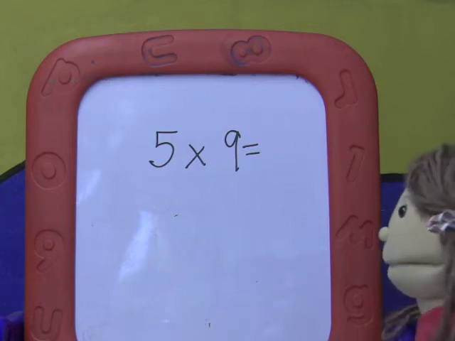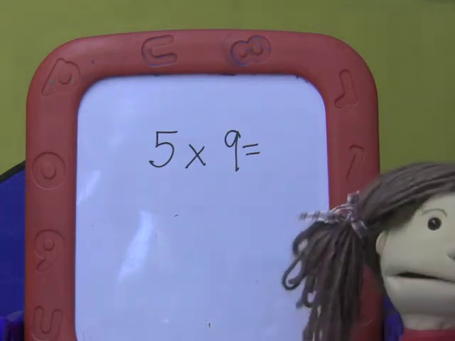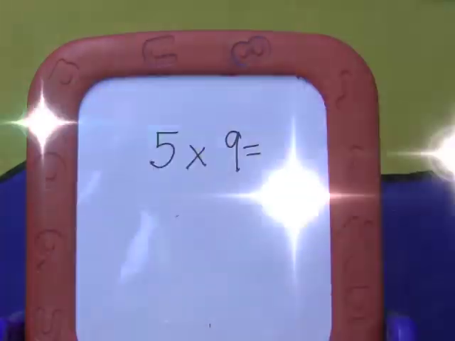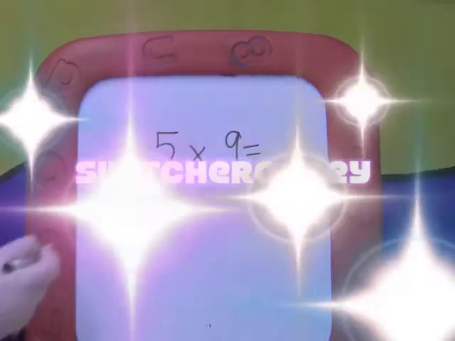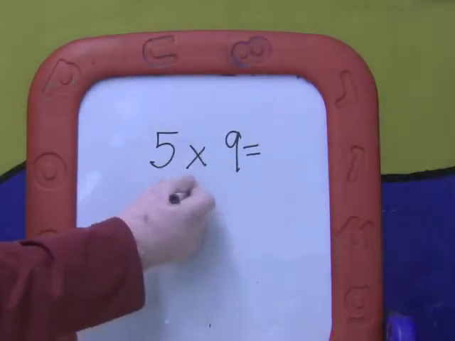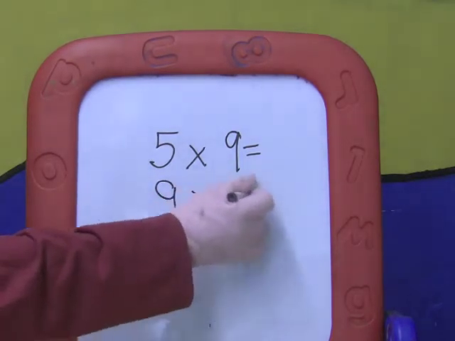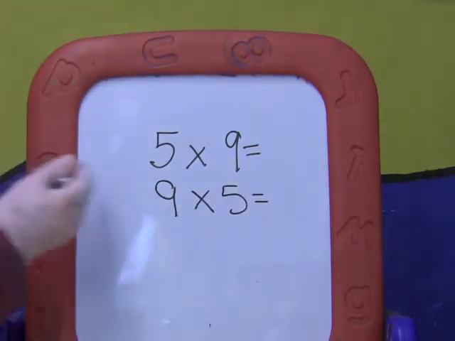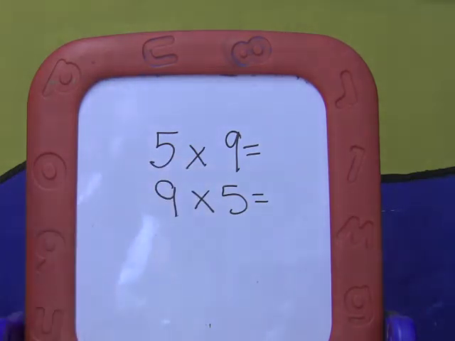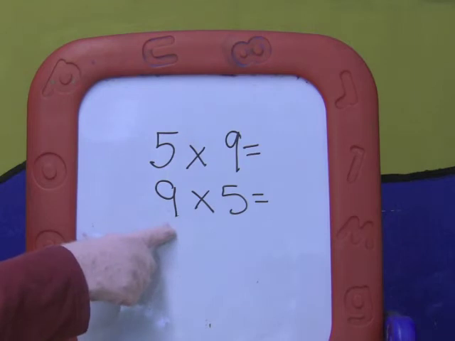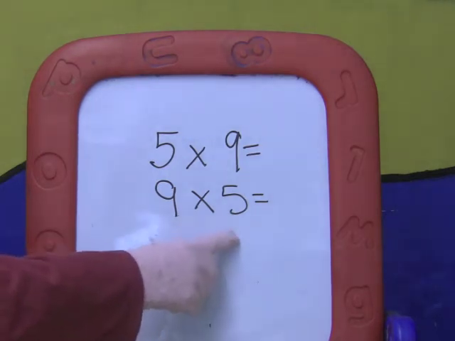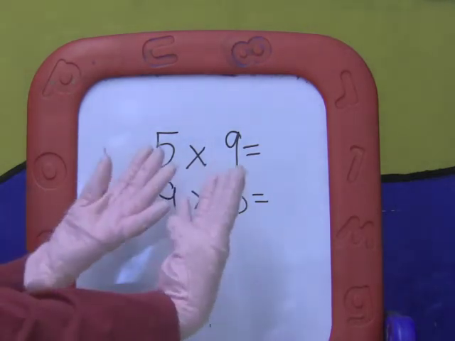5 times 9. What is it? Switcheroony means instead of 5 times 9, I've got 9 times 5. So instead of holding up 5 fingers and counting in 9s, I can hold up 9 fingers and count in 5s, which is much more easy.